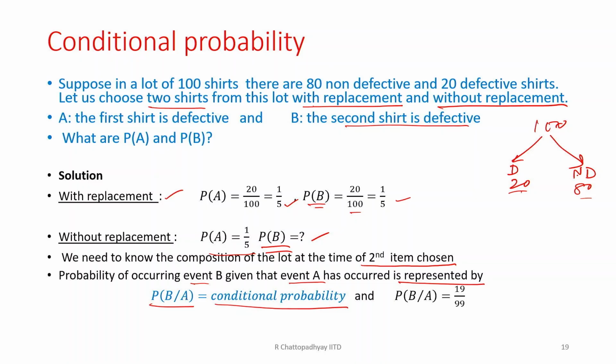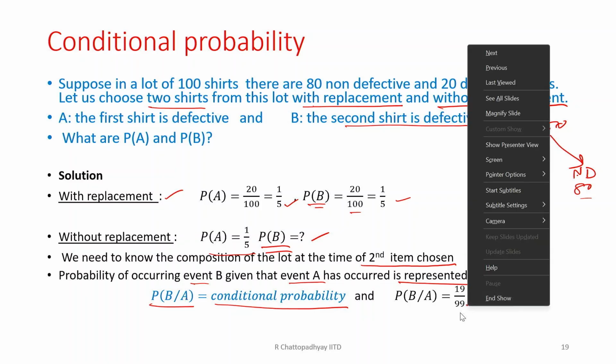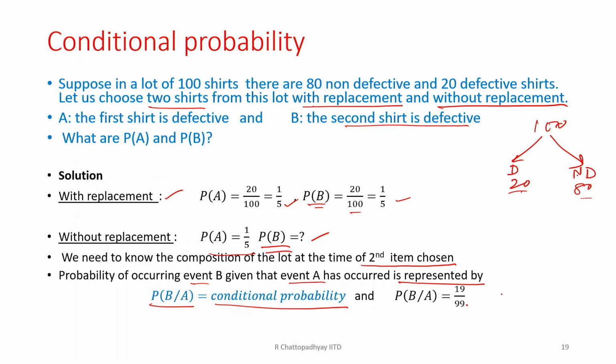So P(B/A) is going to be, in this case, 19 by 99, because the number of shirts has reduced from 100 to 99. And if the previous one is defective, the number of defective shirts left is 19 now. So P(B/A) is going to be 19 by 99.